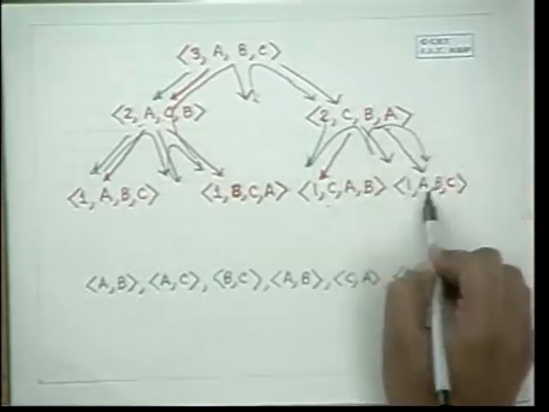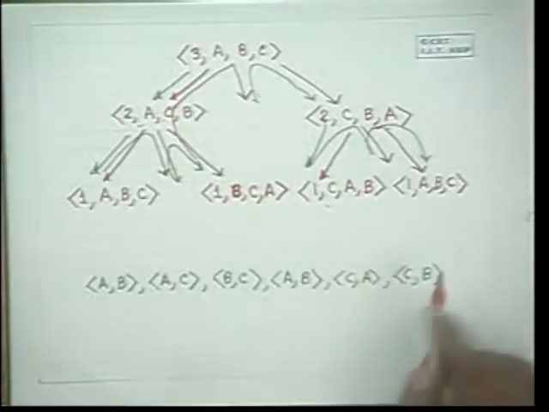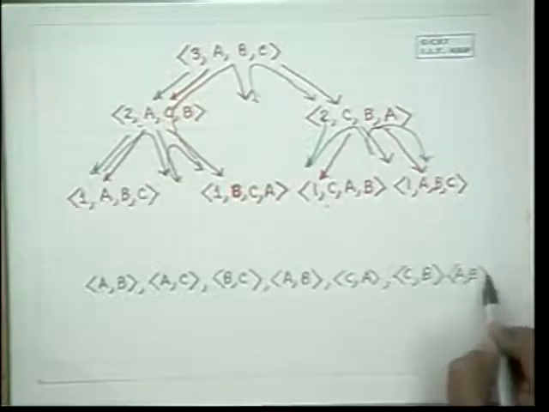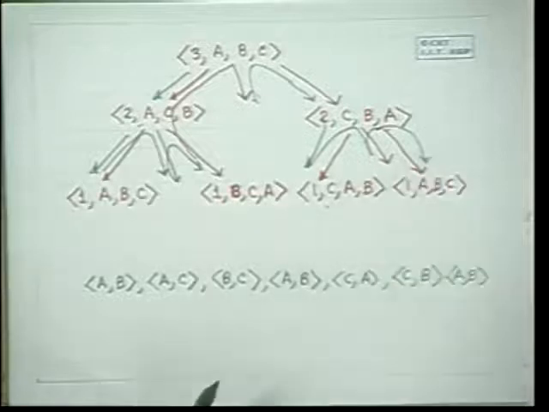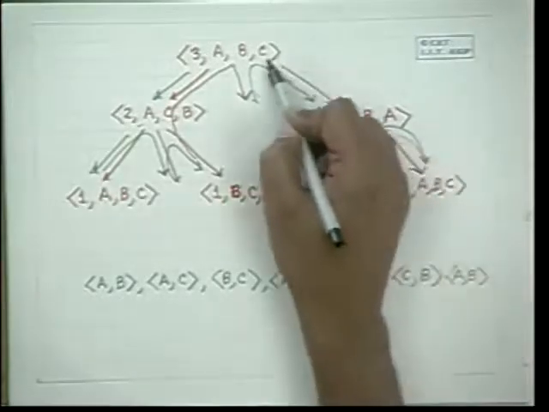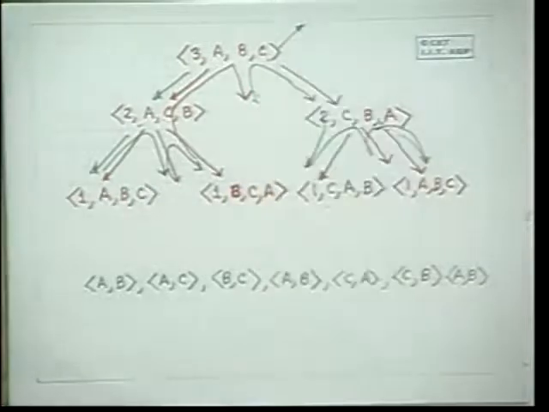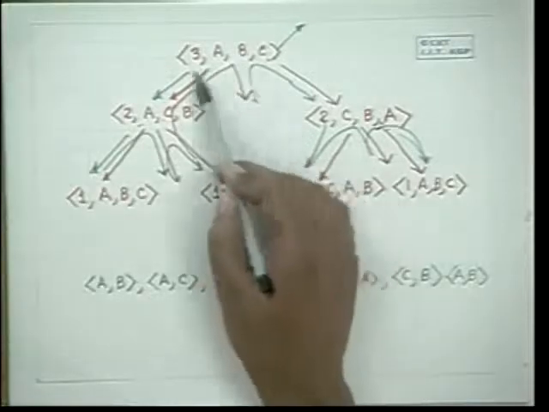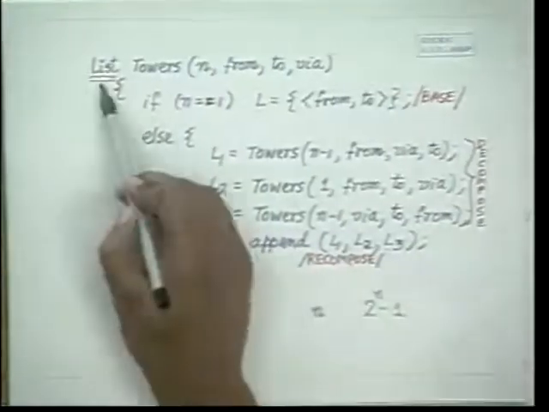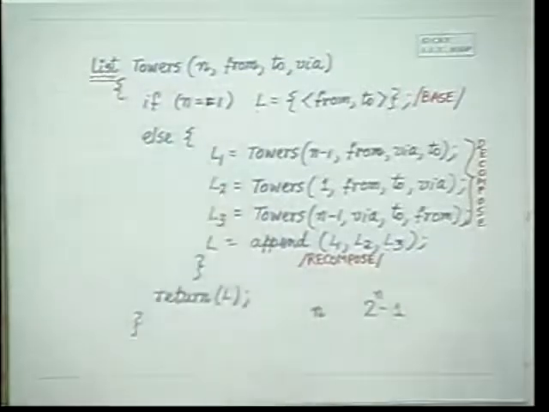This is a base subproblem, so this gets printed. This completes, control goes back here, this completes, control goes back here, this completes, control goes out, and you've got your solution. So this is how we have used recursion to solve this problem, where instead of the list, we simply printed the solution out.